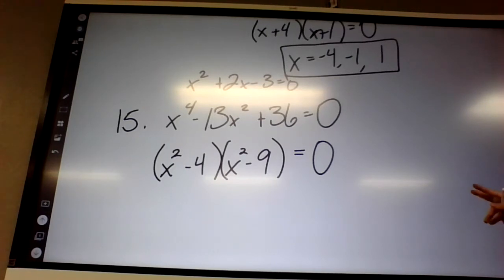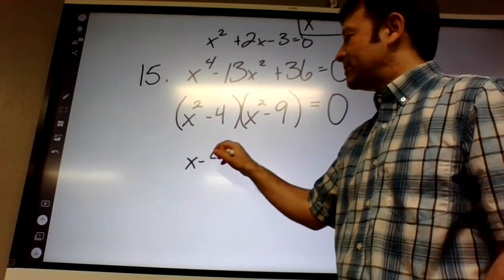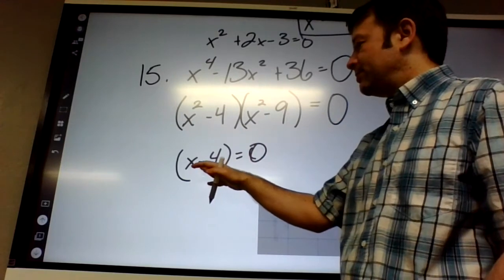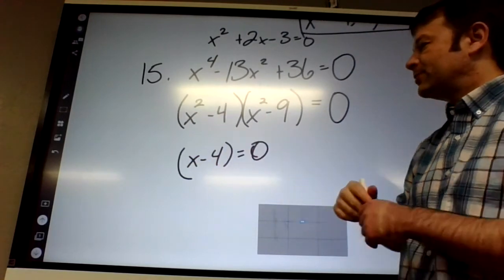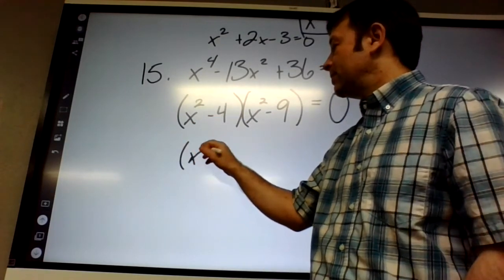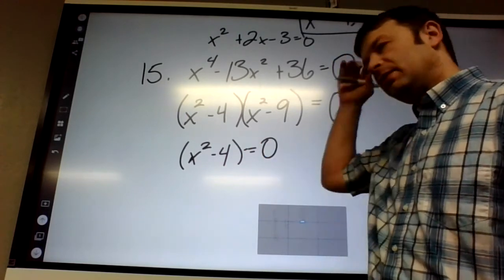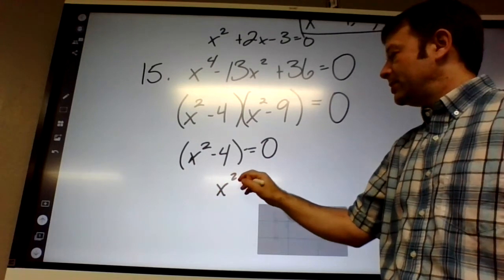So it's a little more complicated because this doesn't just say x minus 4. If it was x minus 4, the answer would have just been 4. This says x squared minus 4. So how do I make x squared minus 4 equal 0? Well, you add the 4 over, you get x squared equals 4.